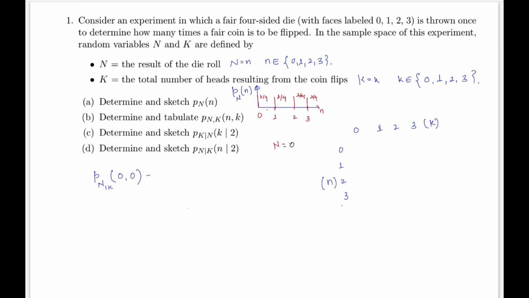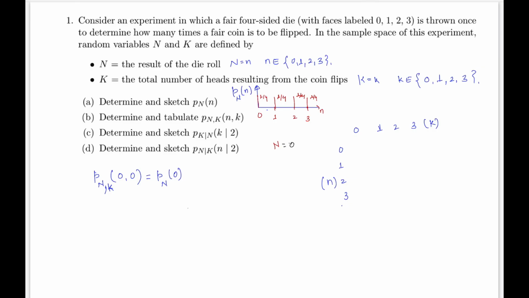One point to note, we are talking about the joint probabilities, and these two random variables are dependent, so accordingly you will have to talk about it, right? So first, what we are doing is throwing the die. So first we will talk about the probability of this random variable n taking the value 0.